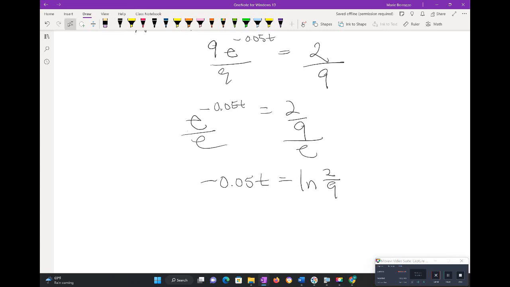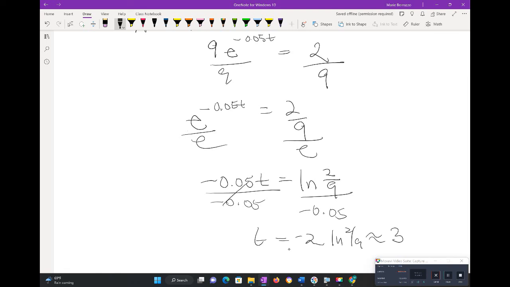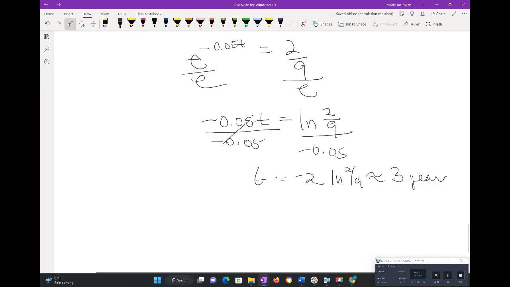In doing so, my next step would be to divide by negative 0.05 on both sides, leaving me t is equal to negative 2 natural log of 2/9, which is very calculator intensive, because no one knows their natural logs by heart. So it says the game has a useful life of 3 years based on this formula.